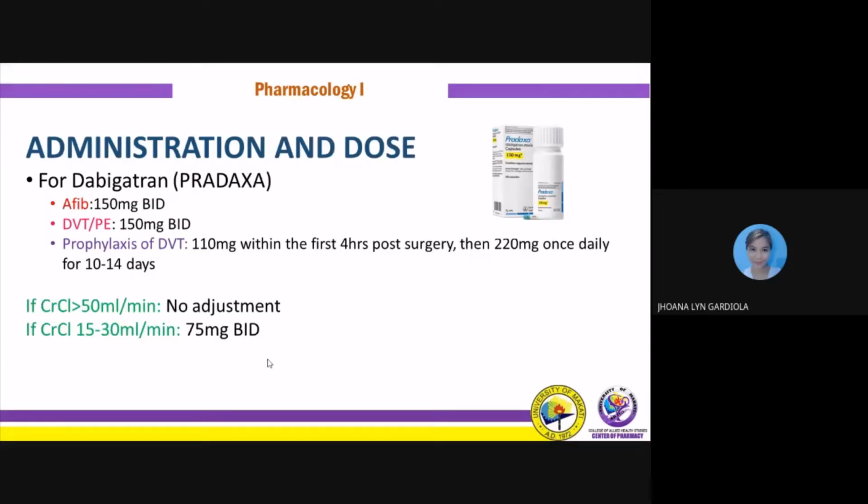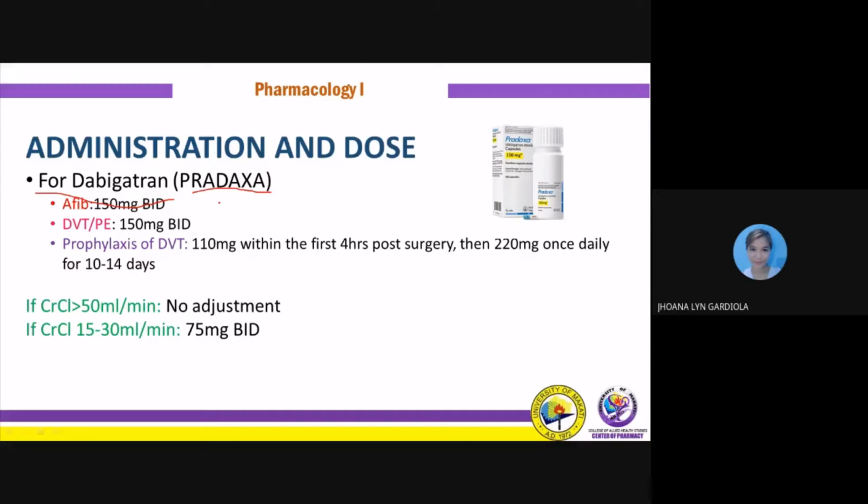Now let's talk about the dosing. Let's start with dabigatran, and the brand name is Pradaxa. And here we have to be mindful of creatinine clearance. So we should know how well our patient's kidneys are working.